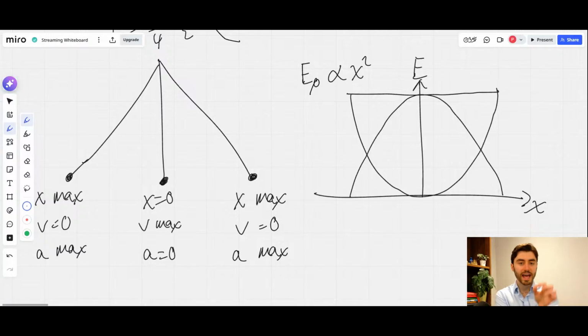So if you were ever trying to work out the speed of a particle at any point in its simple harmonic motion, the way you would do that is to calculate the total energy, which would be equal to the potential energy at maximum displacement or the kinetic energy at equilibrium.